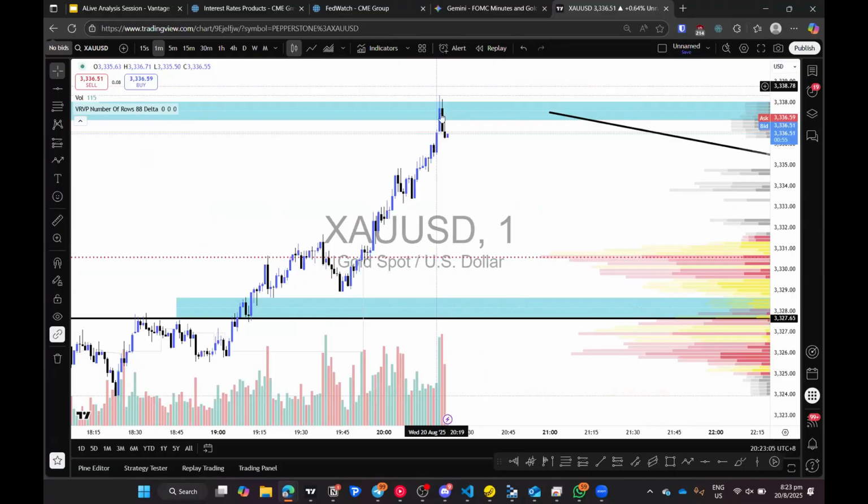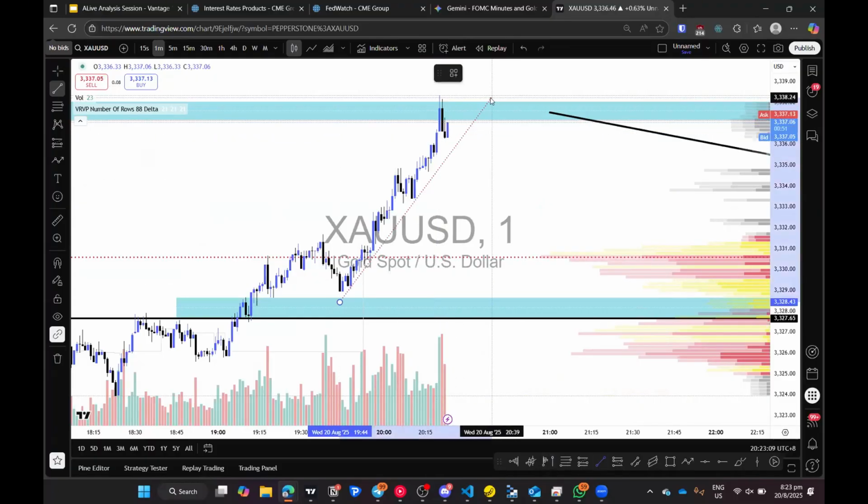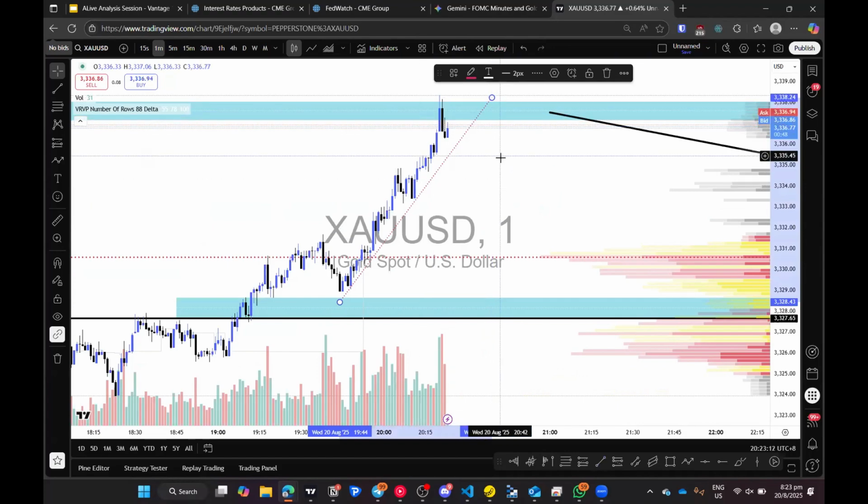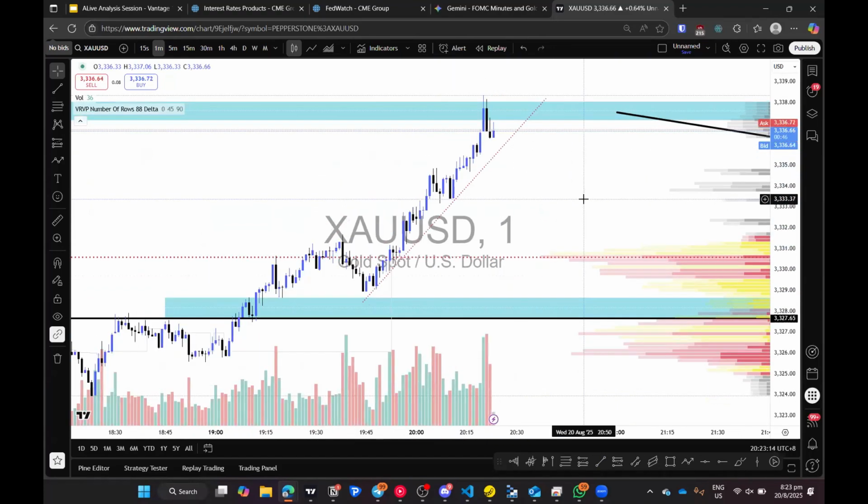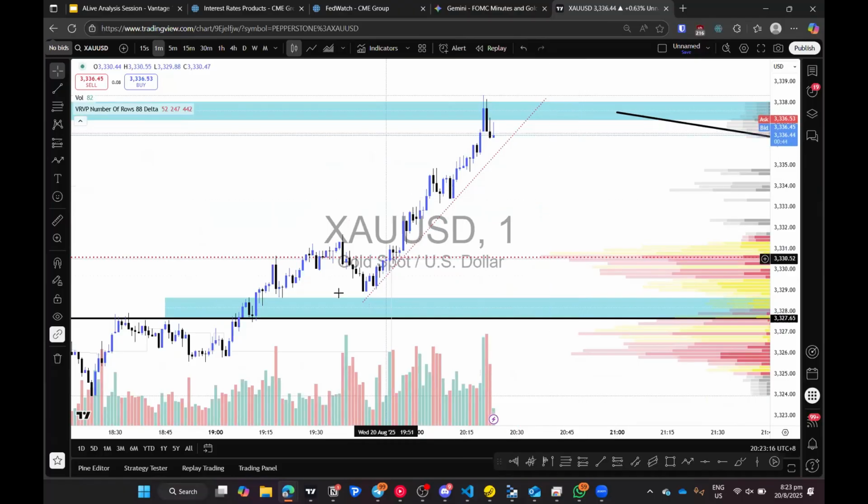So you can see some sellers coming in, and you can see I've basically put a trend line just below it. What you want as a confirmation is that you want this trend line to fail.